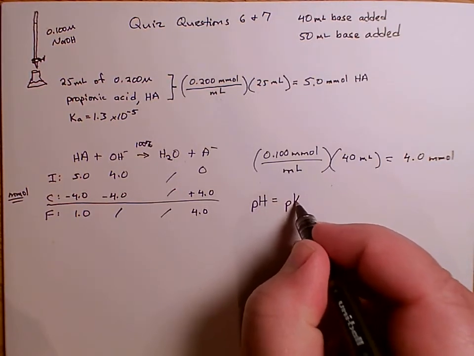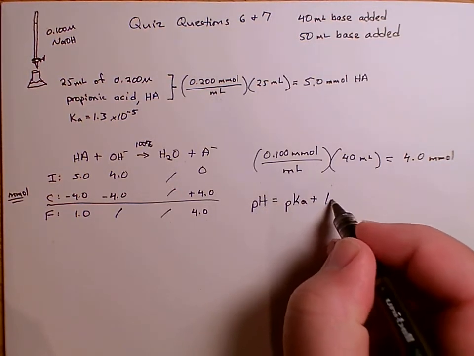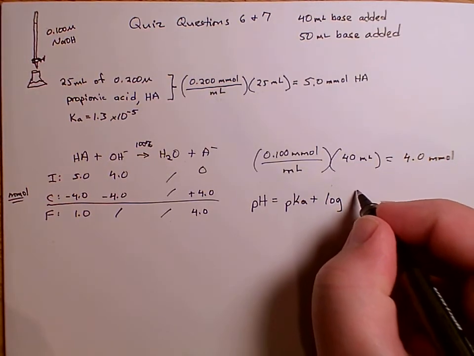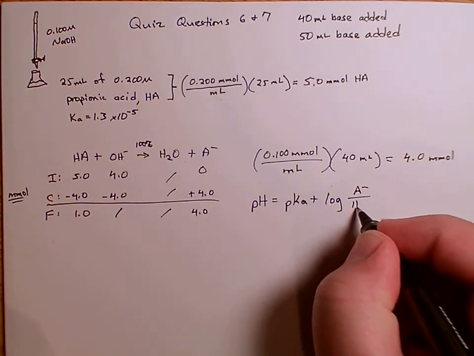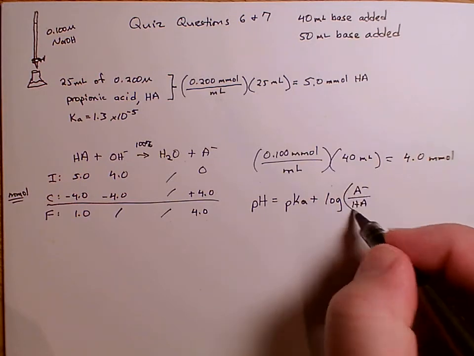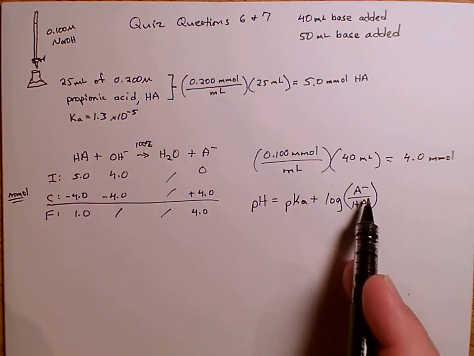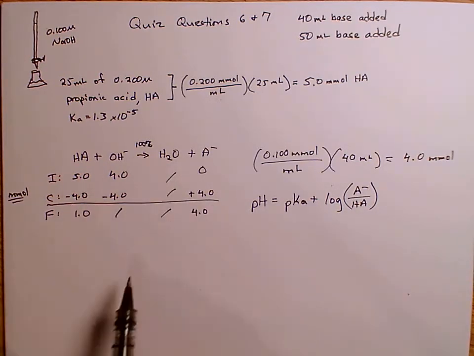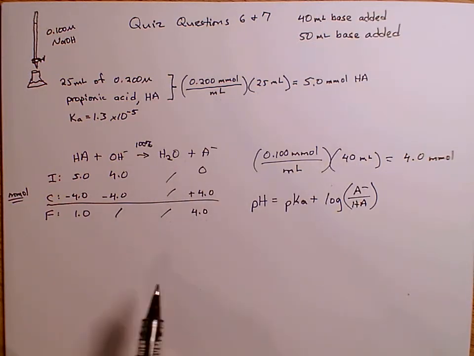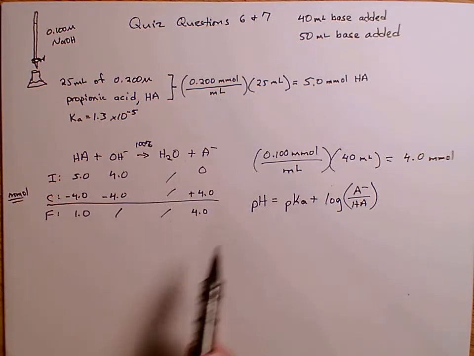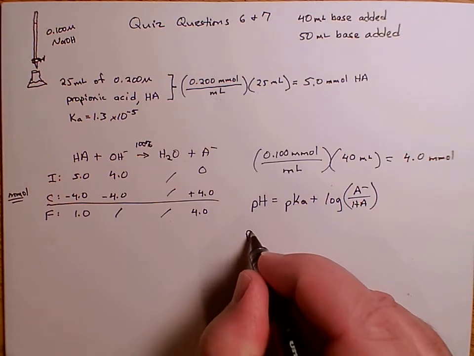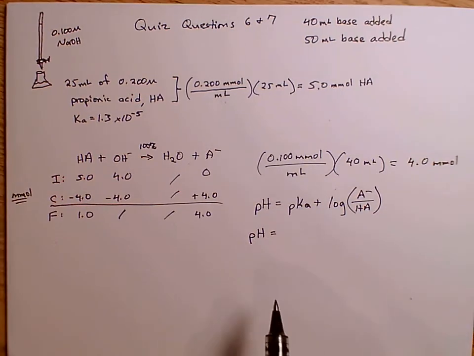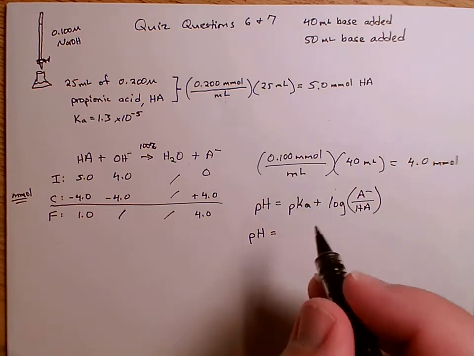pH equals pKa plus the log of the base form divided by the acid form. And normally this would be in concentration, but we know since it's all in one solution that the volumes cancel out, so I can just plug in my moles. pH equals pKa, which is the negative log of 1.3 times 10 to the minus 5.